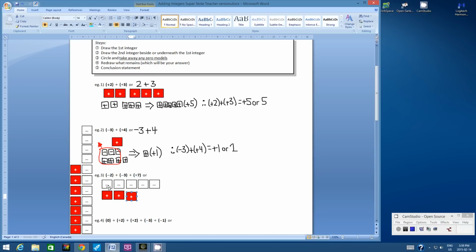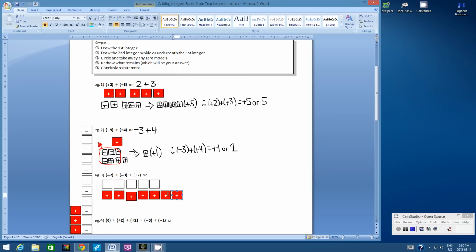I know that these are going to be zero models. So I'll put them underneath the negative tiles. So there's 5, there's 6, and there's 7. Okay, so I've combined three integers together, -2, -3, and +7.